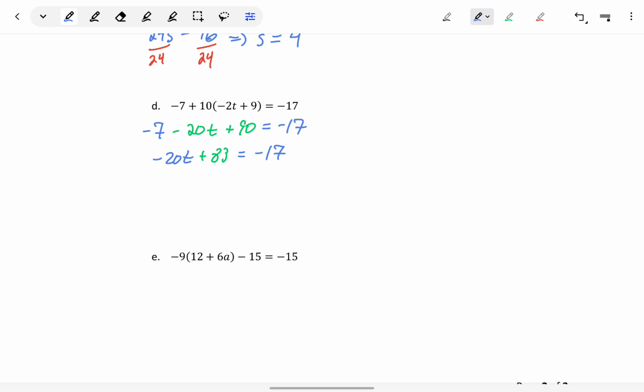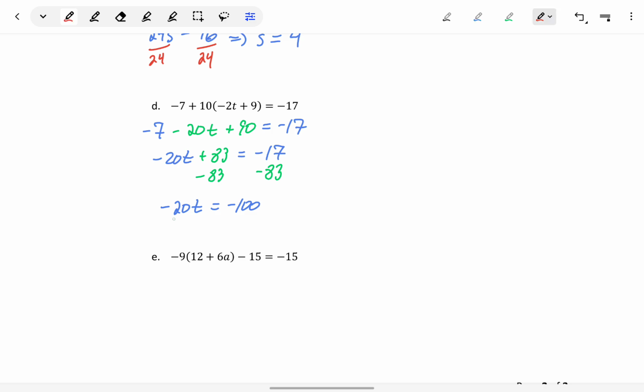So for this problem, we needed 2 arithmetic steps, or simplification steps, to get to a point where now we can look at isolating our variable term, which is already on the left-hand side of the equation, and moving our constant term over to the right-hand side by subtracting 83 from both sides, which will leave us with negative 20t is equal to negative 100.